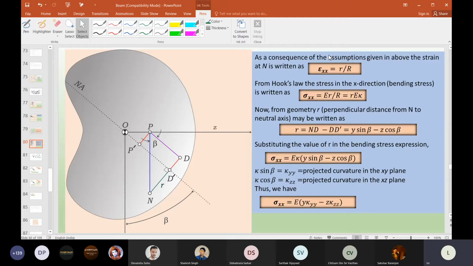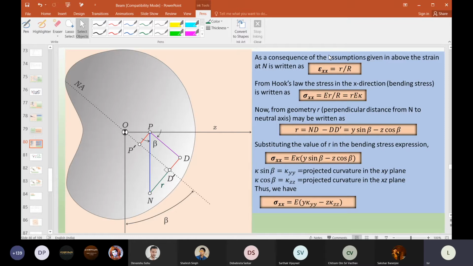If you take the neutral axis along that line, then because the sections have to remain perpendicular, the strain at any point will vary linearly from the neutral axis. That is what the assumptions tell you.